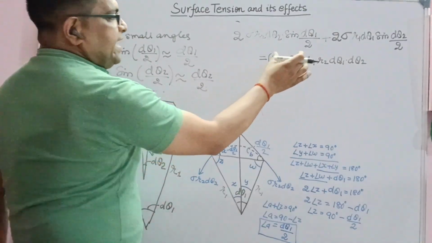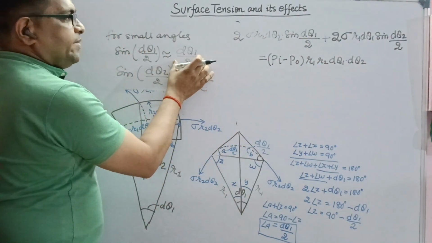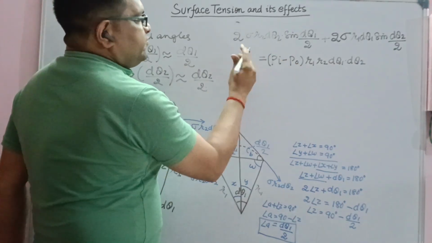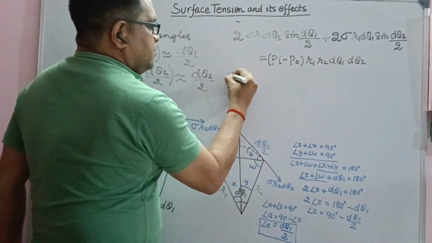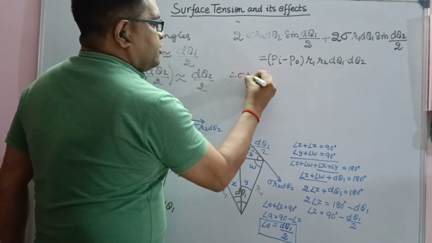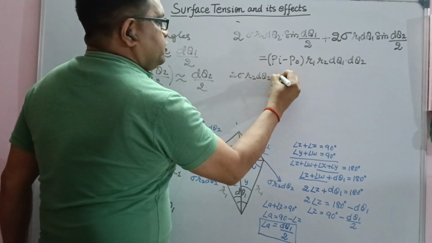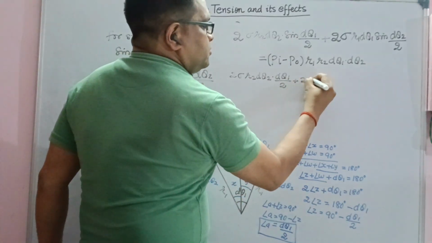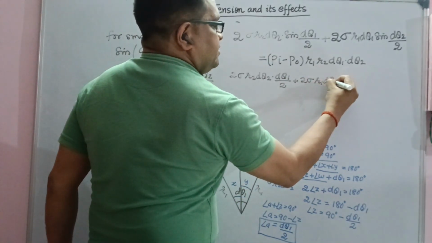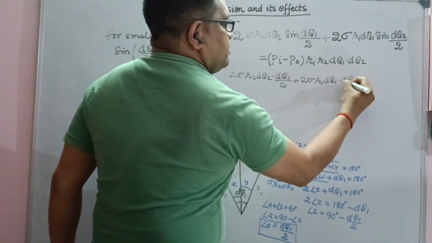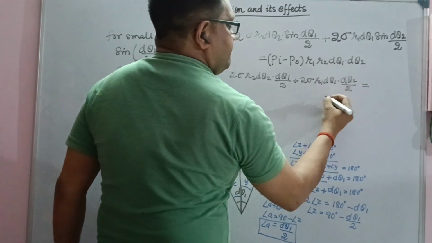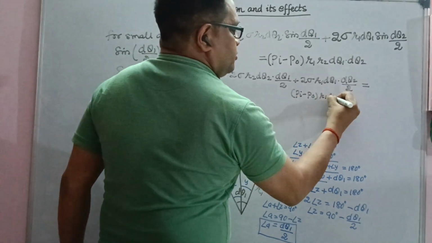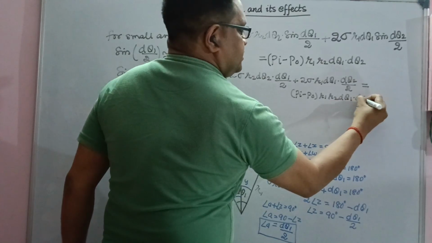So replacing sine d theta 1 by 2 with d theta 1 by 2 and sine d theta 2 by 2 with d theta 2 by 2, we have twice sigma R2 d theta 2 into d theta 1 by 2 plus 2 sigma R1 d theta 1 into d theta 2 upon 2 is equal to Pi minus P naught R1 R2 d theta 1 into d theta 2.